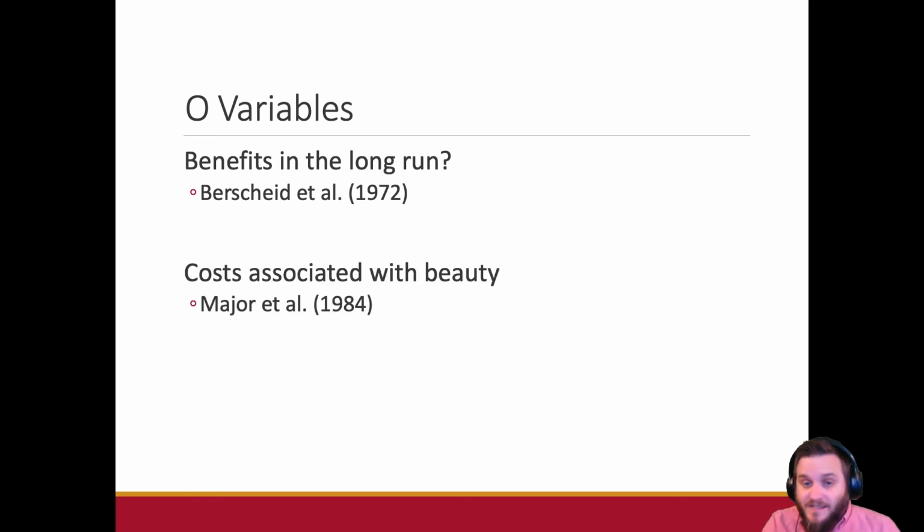Are there costs? Yeah. But let's take these costs with a grain of salt, shall we? Major found that people who are attractive tend to discount praise because they are aware of the effect of their beauty on others.